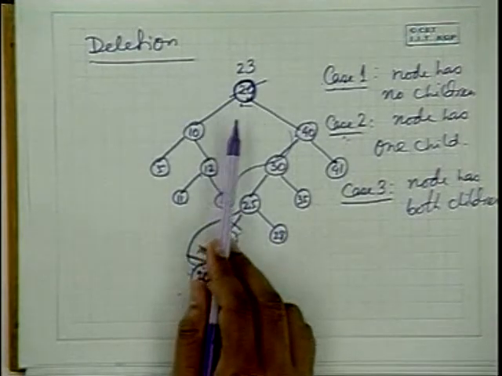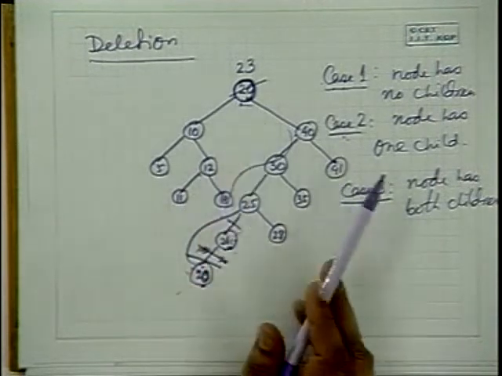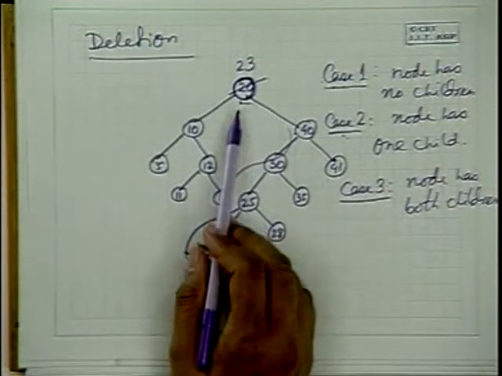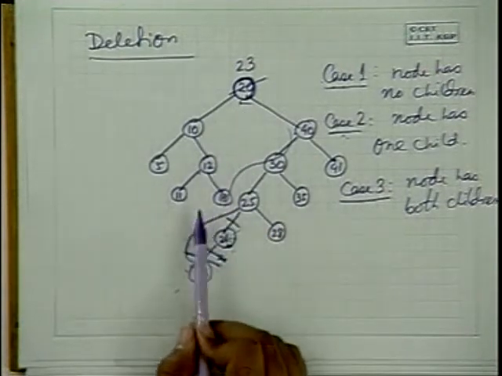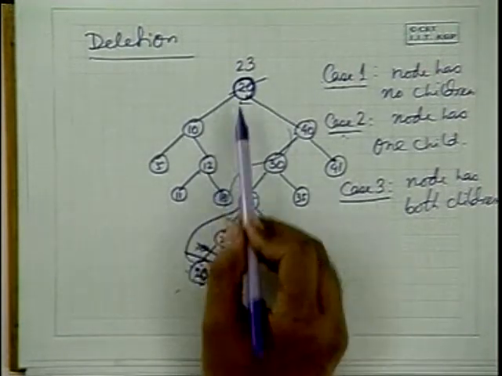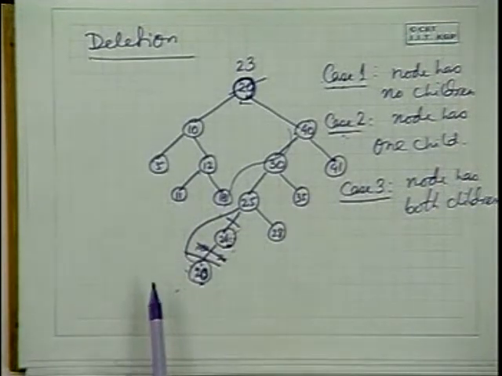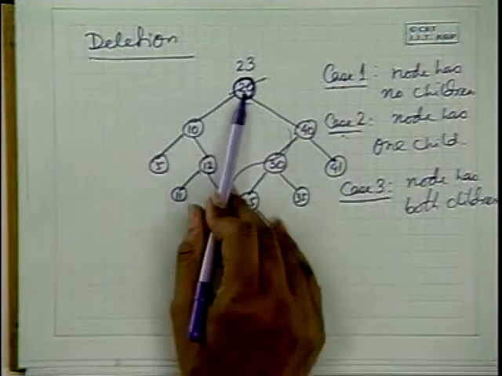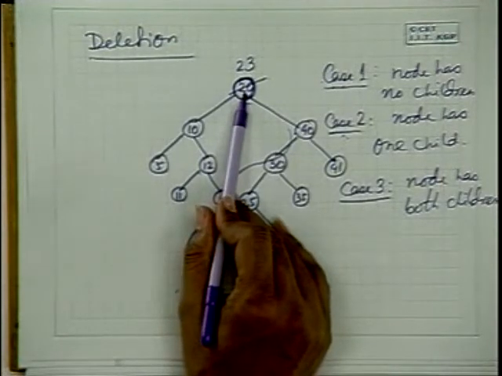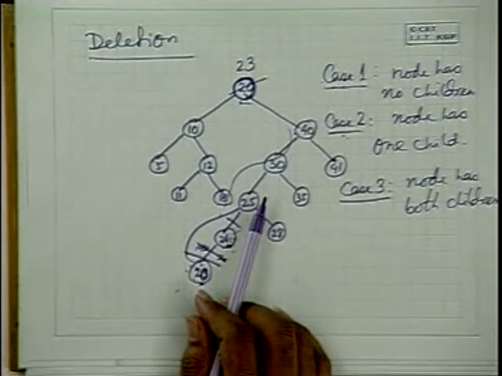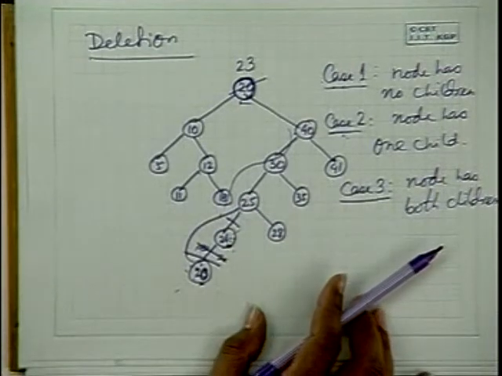You could replace the node with the predecessor also, and then delete that. Why are we doing the third case like this? By doing this we are not disturbing the binary search structure. We are going to delete this, but this node comes here, which is its right position in the binary search tree. So this is a valid operation.